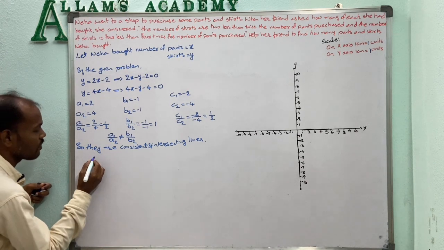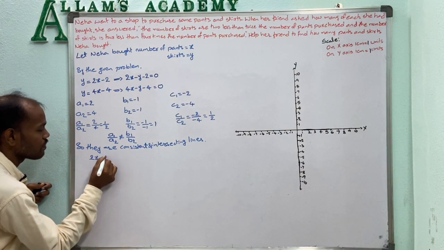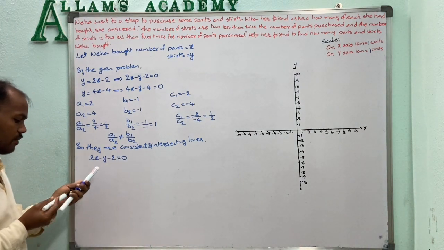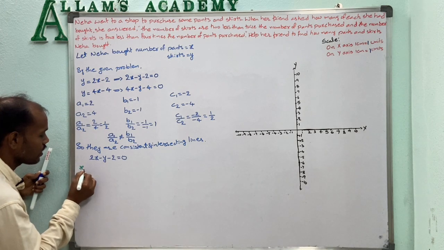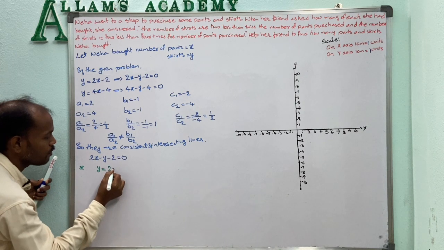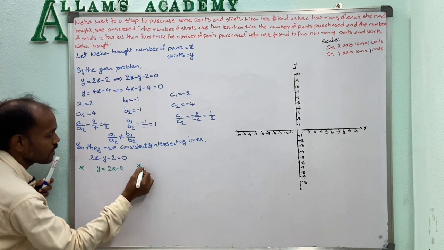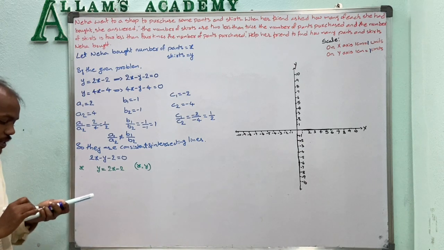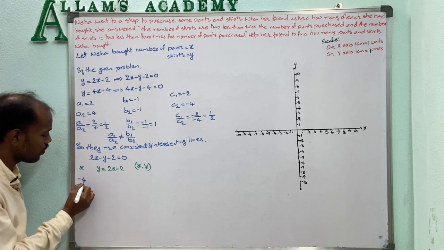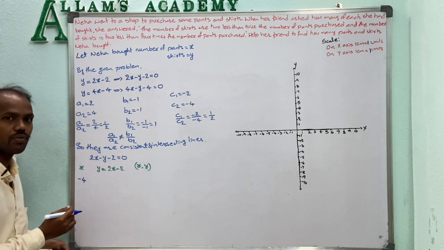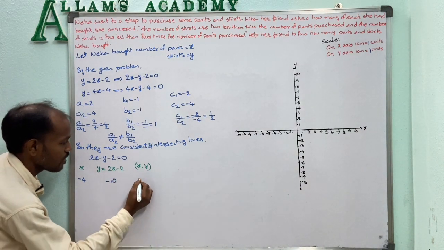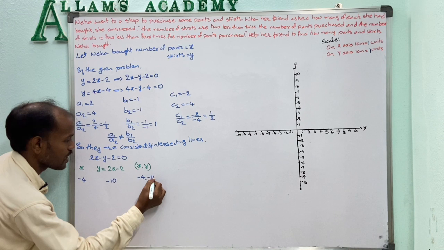For the first equation, 2x minus y minus 2 equal to 0, we have y equal to 2x minus 2, and we find the points x, y. If x equals minus 4, 2 into minus 4 is minus 8, minus 8 minus 2 equals minus 10. So for minus 4, minus 10.